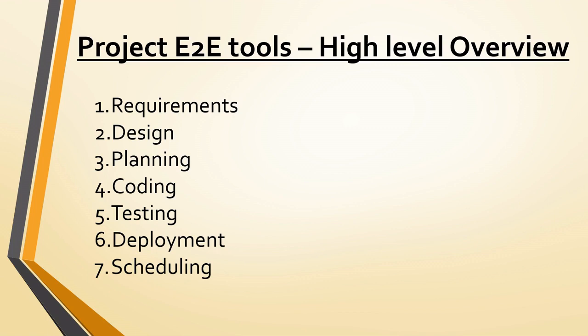In case of failures, or even on success if you want, there is an option, it will send the mail to you. Those facilities are available in all these schedulers like Oozie, CA7 and Autosys. You have so many, and using them you will be able to schedule the jobs.